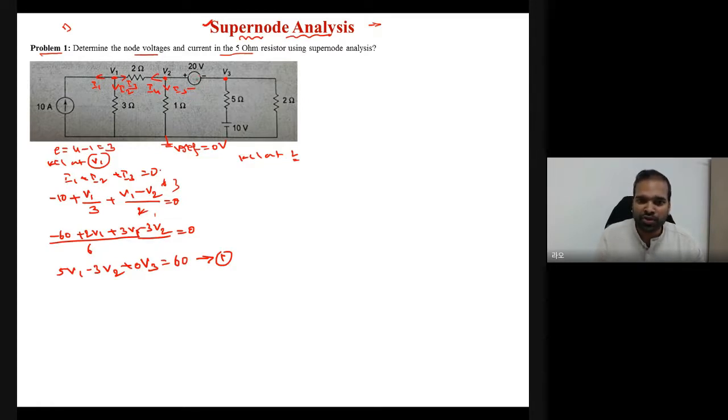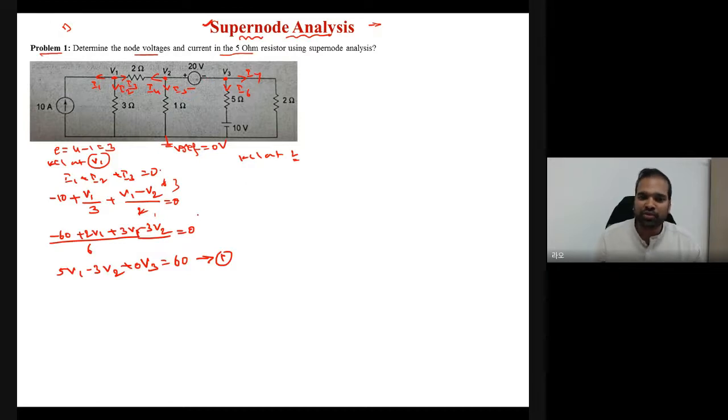If you don't know the resistance value of this particular branch, you cannot apply KCL at node V2. So can I apply KCL at node V3? See here, I should consider current is leaving, therefore this is I6 and this is I7. I6, I7 no problem, because I6 means V3 minus 10 by 5, and I7 means V3 by 2 equal to 0. Now what about the current here? You don't know, right? You don't know the resistance here.